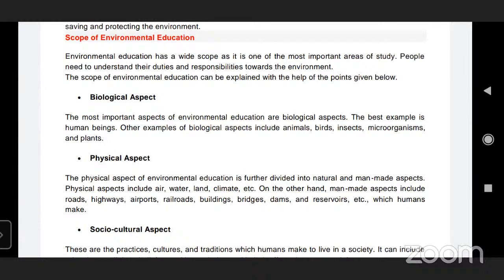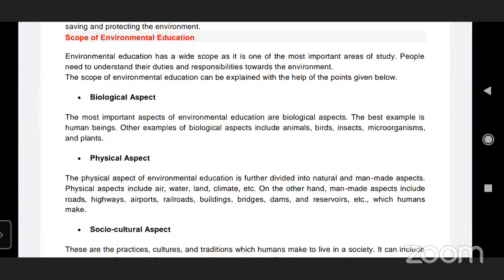What are the physical aspects? They are air, water, land, and climate, which come under natural physical aspects. On the other hand, man-made aspects include roads, highways, airports, railroads, buildings, bridges, dams, reservoirs, etc., which come under man-made or artificial physical aspects.